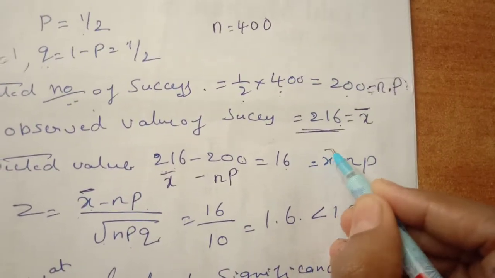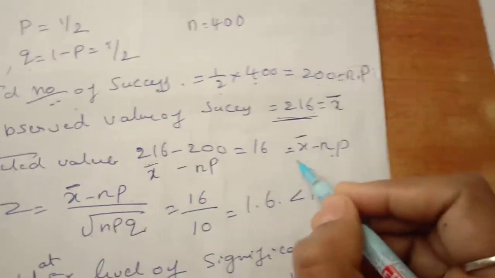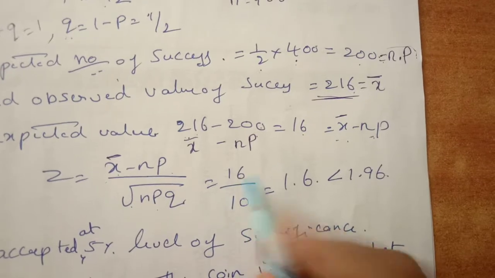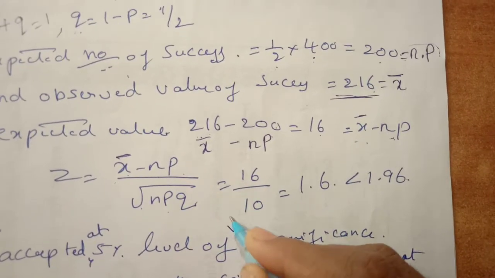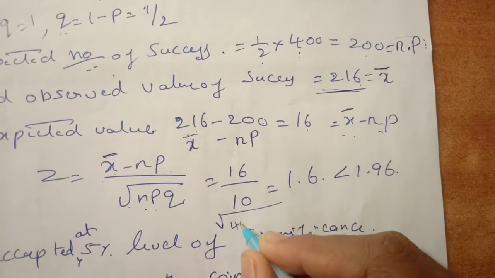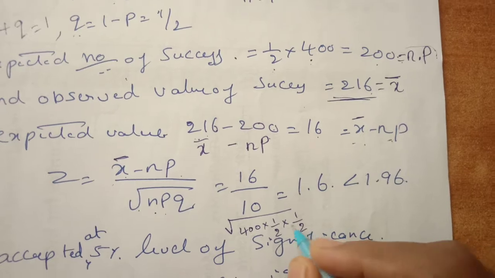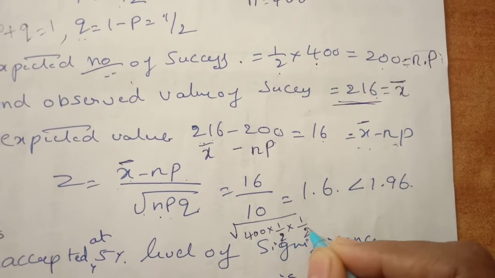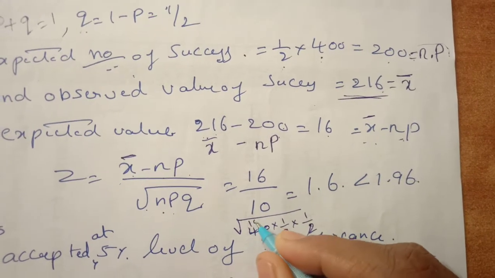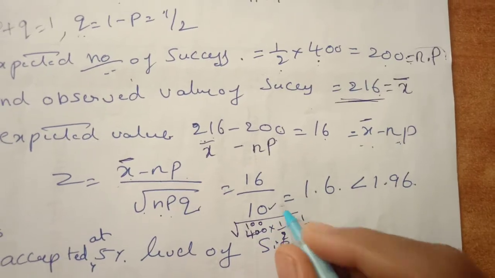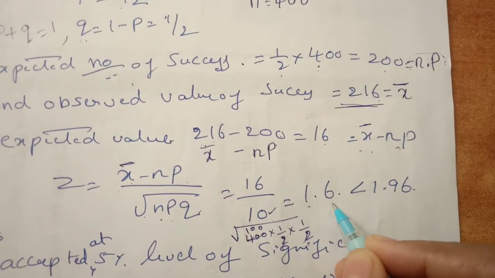So we find the numerator term x bar minus np separately. Now substitute in the denominator: square root of n is 400, into p is 1/2, into q is 1/2. So 400 into 1/4 is 100. Square root of 100 is 10. 16 by 10, that is 1.6.